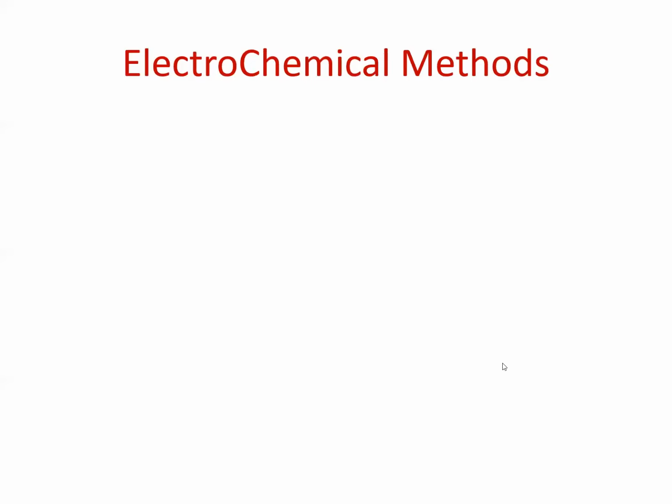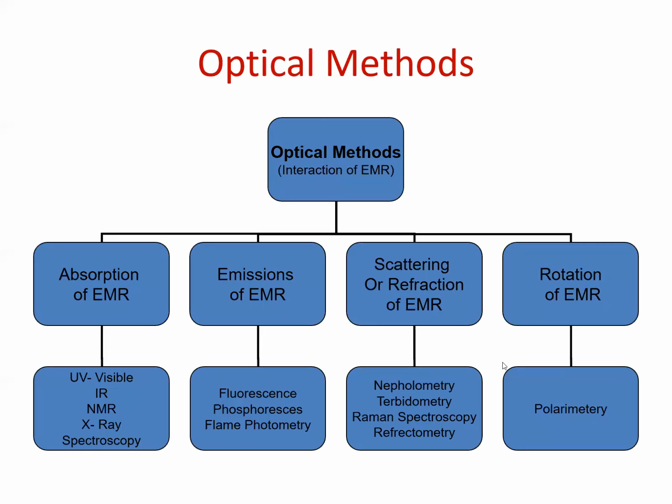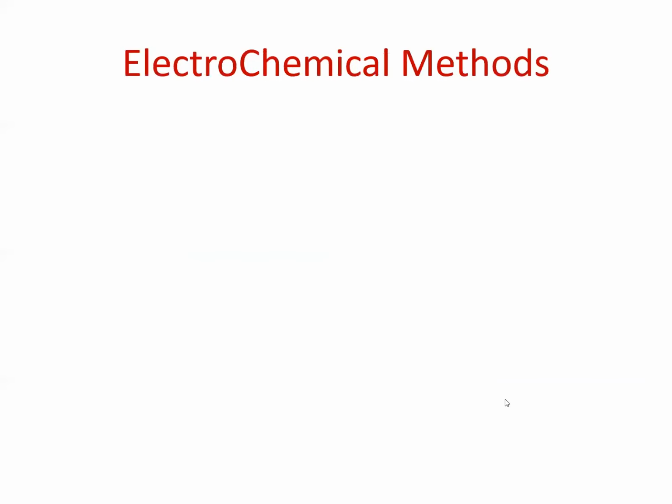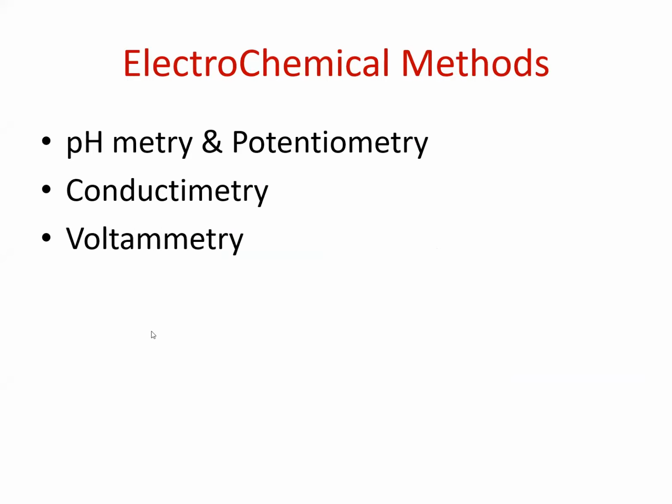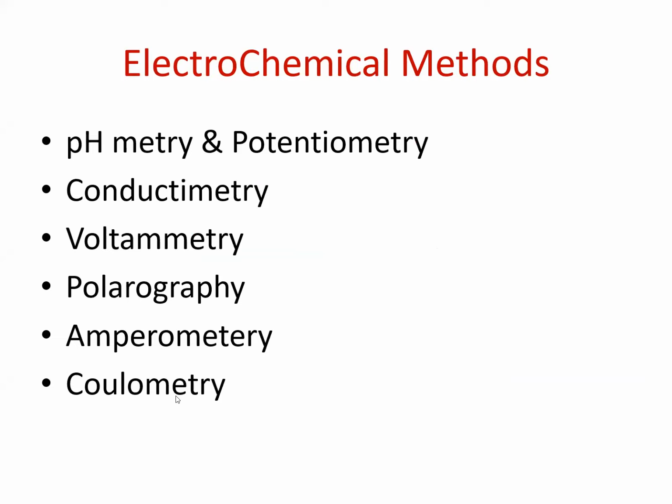Now, that is on the optical methods. Let's deal with the electrical methods. Electrical methods will involve such methods as measuring pH and potentiometry, conductimetry, voltammetry, polarography, amperometry, and coulometry. So these are the type of methods that we use.